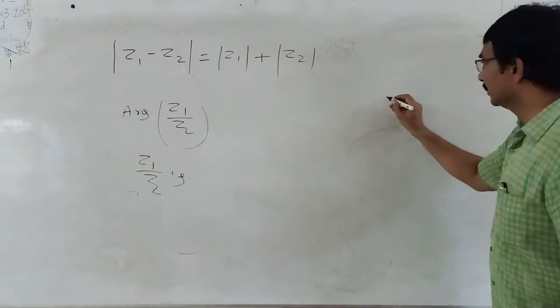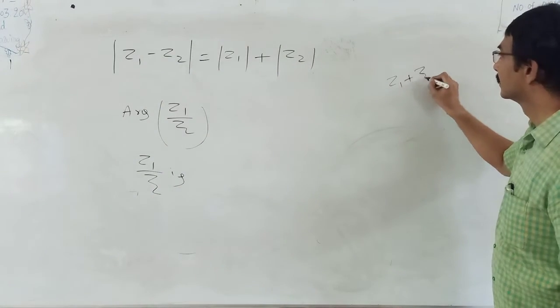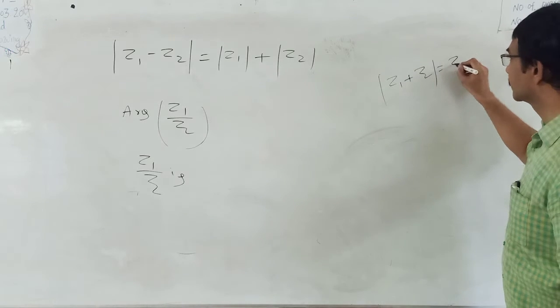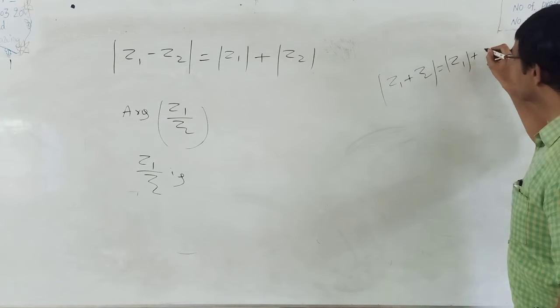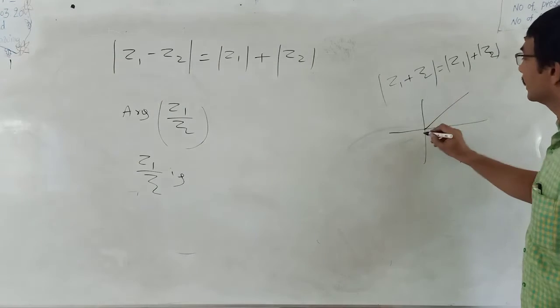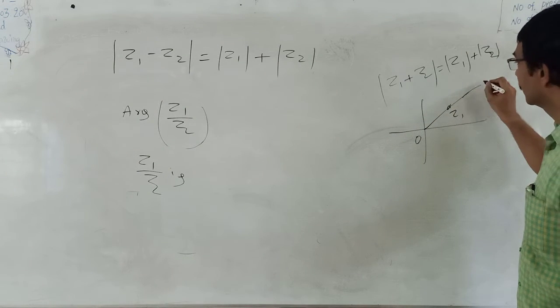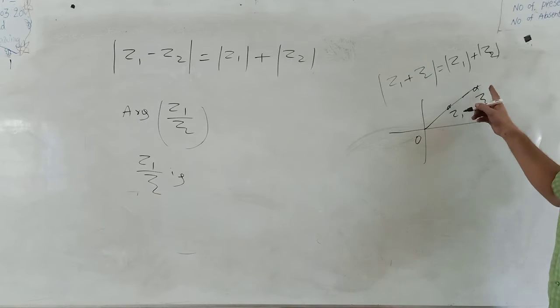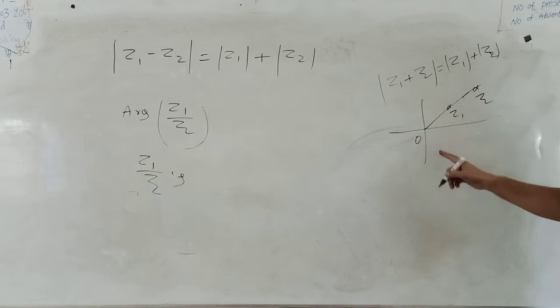Above, second property: modulus of Z1 plus Z2 equal to mod Z1 plus mod Z2, then Z1 and Z2 are collinear and lie on the same side of origin.